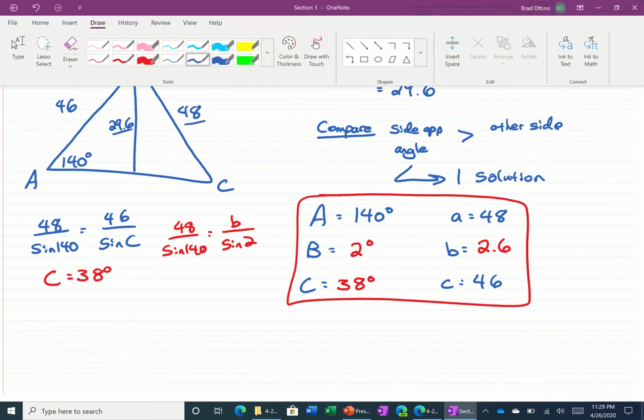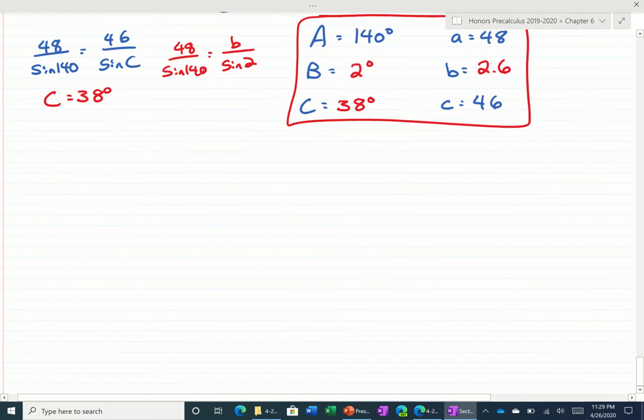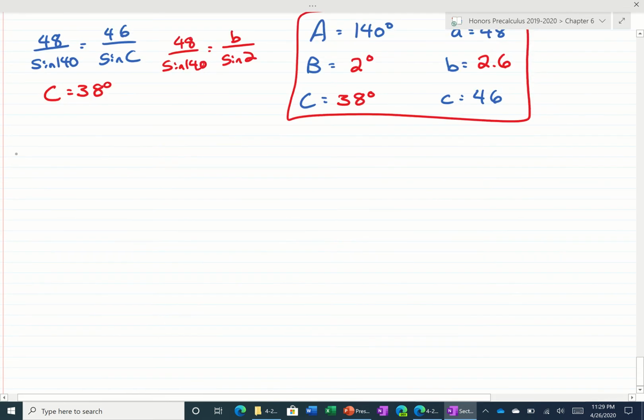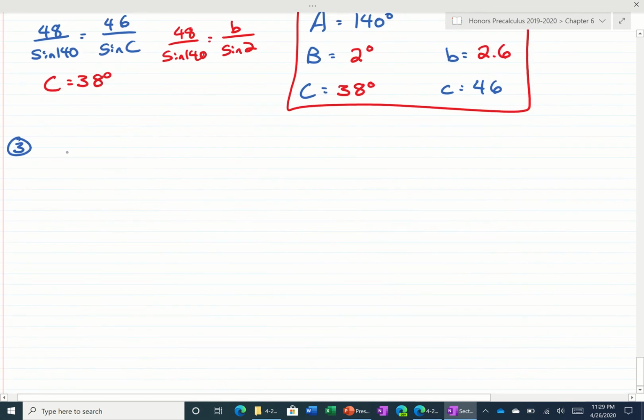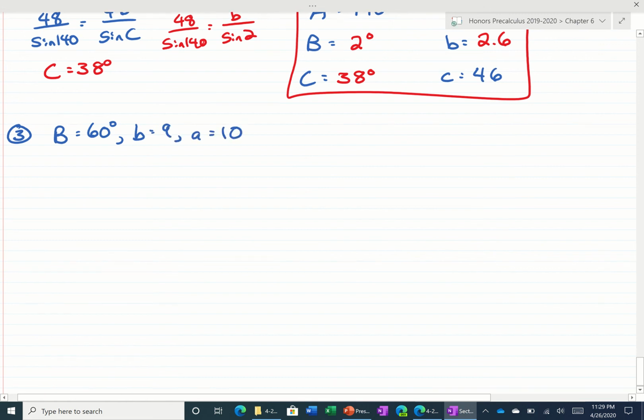Take a look at number 3. All right, we know that angle B is 60 degrees, side B is 9, and side A is 10. So again, we have an SSA.